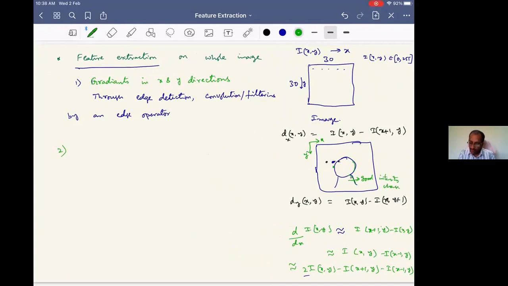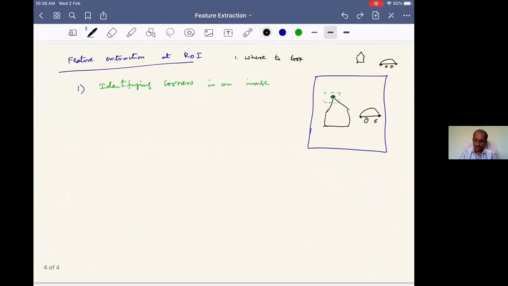Along the direction of the edge, if you move, you have actually zero intensity change, right? Whereas in the case of a corner, if you move in any direction, there is a good intensity change.